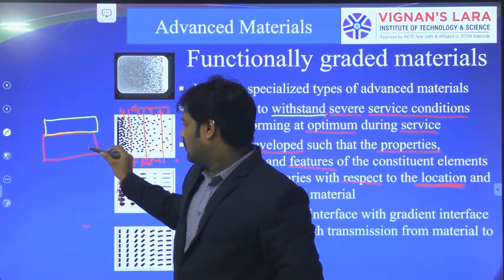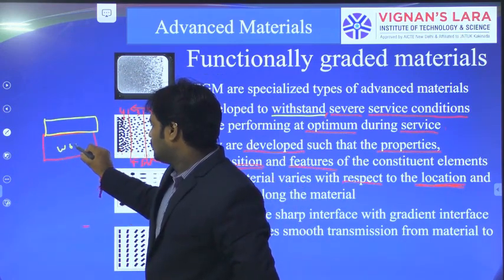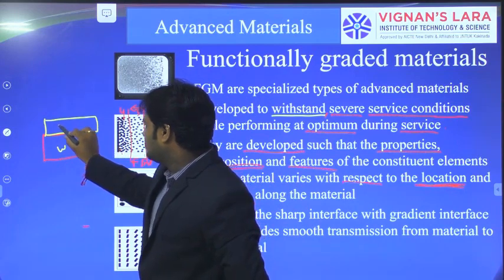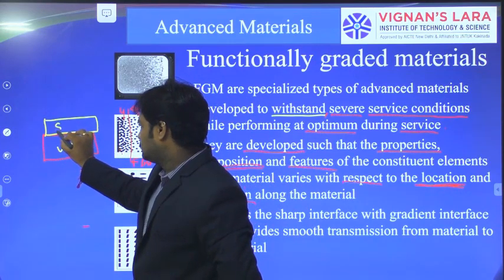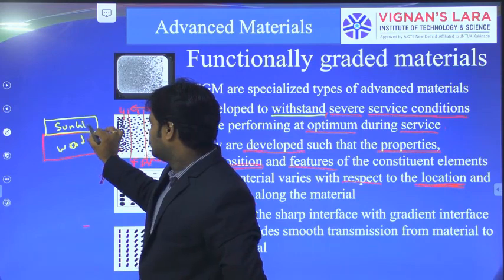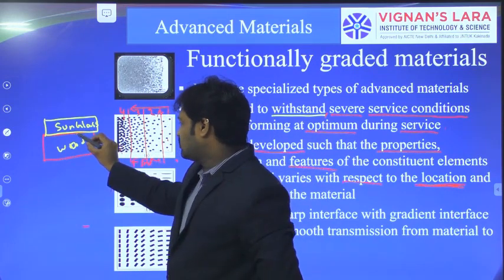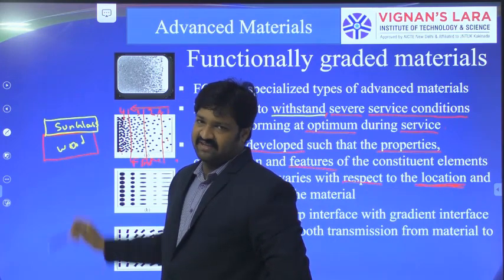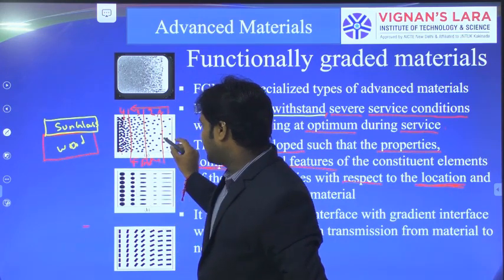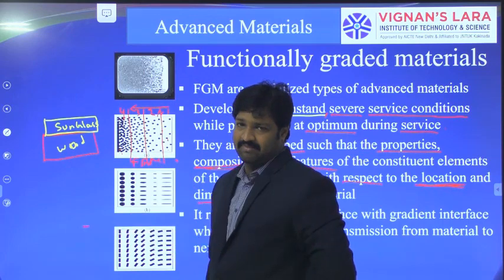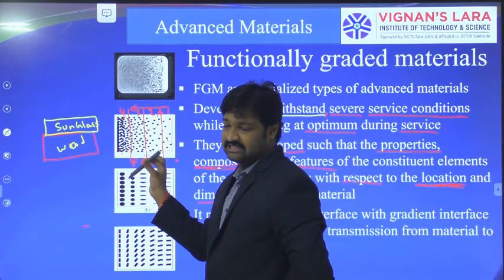Imagine this, one is the wood and one more is glass, sunglass or veneer. These two are joined so that there is a sharp interface. Whereas in FGMs, the interface is different, is changing.